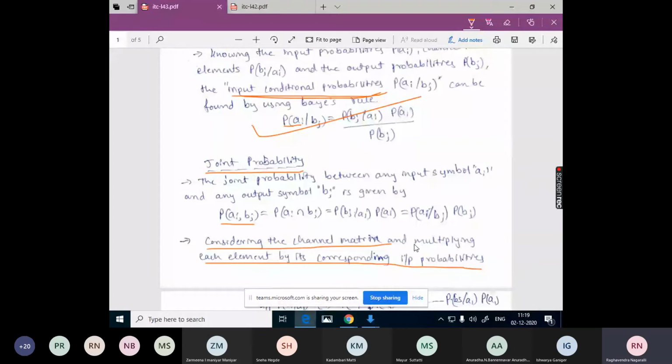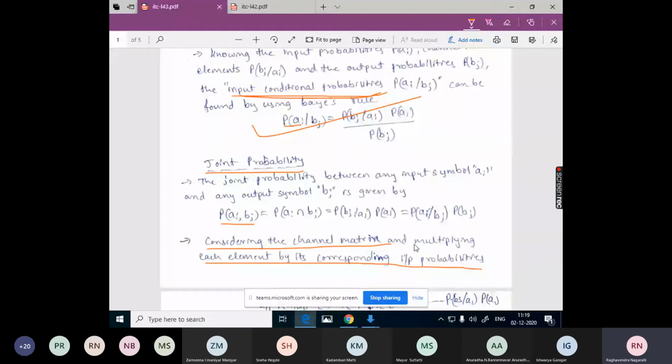The first question: find the missing probabilities. They have given the JPM here and some probabilities are missing in this matrix, and we need to find all those missing probabilities. Second, find the specific conditional probabilities P of B3 by A1 and P of A1 by B3.